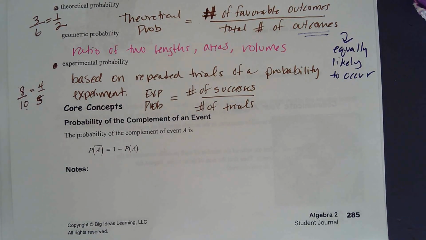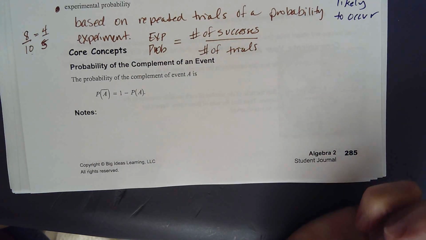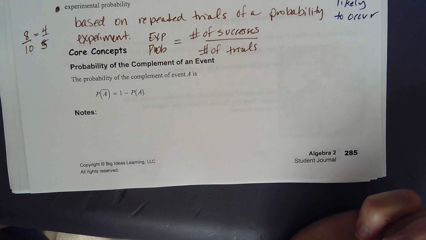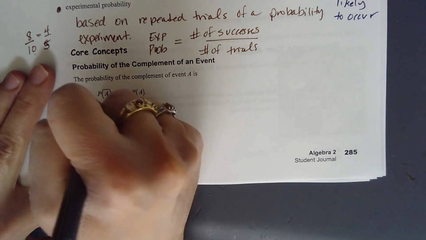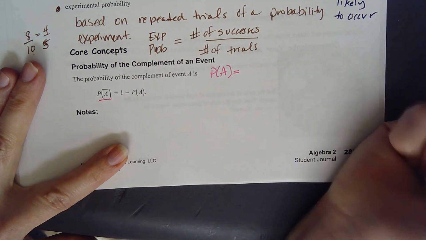All right, let's go to the bottom here. This is called the probability of the complement of an event. P of A means the probability of A happening.